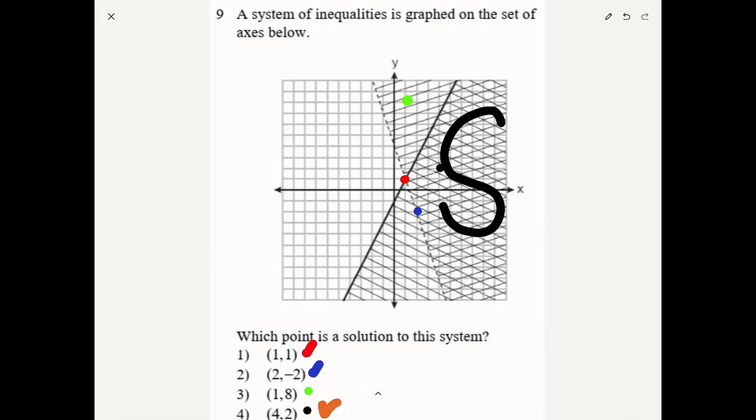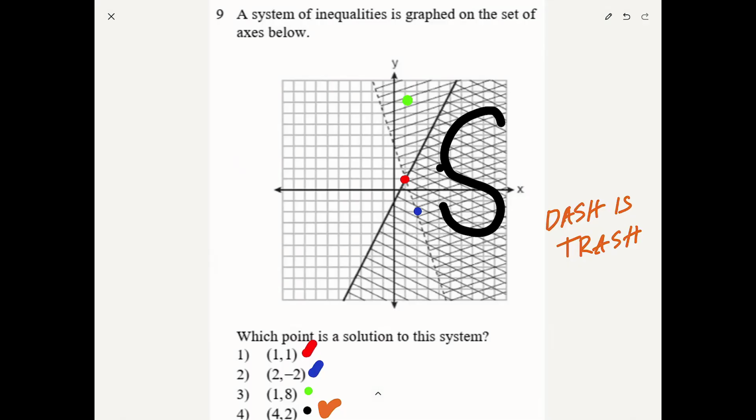Now, here's the problem with number 1 and number 2. They're right on the boundary, right? And the reason they are not considered in the solution set, and I'm going to say this, is dash is trash. All that means is if a point is on a dashed line, it is never ever in the solution set.